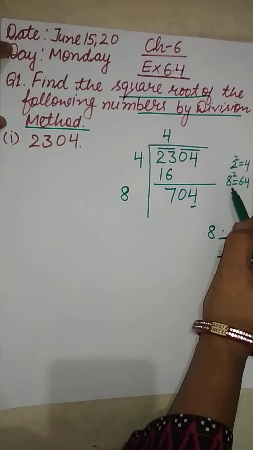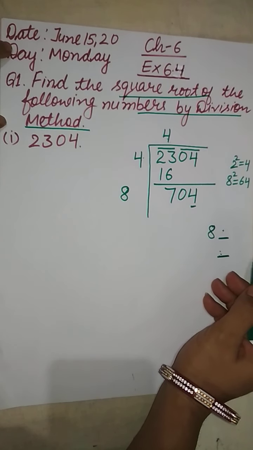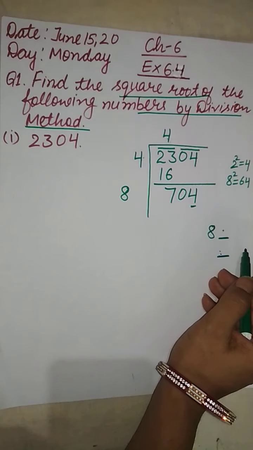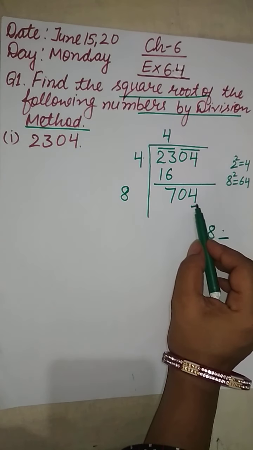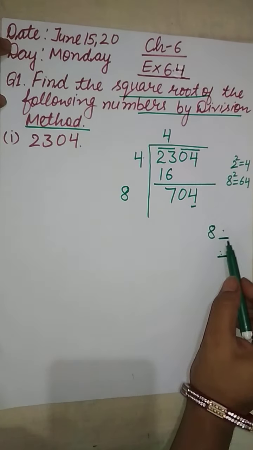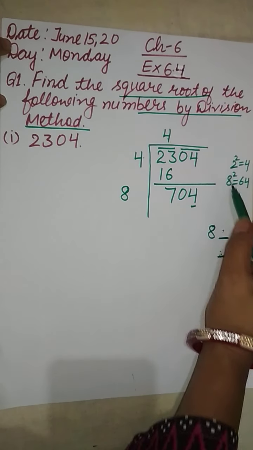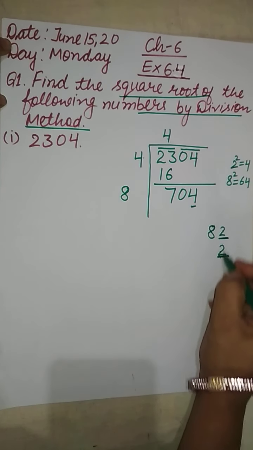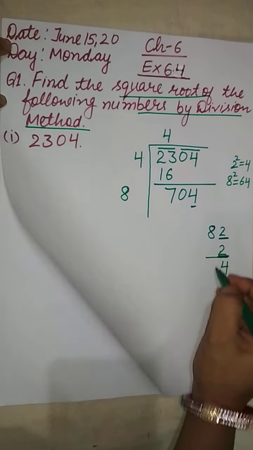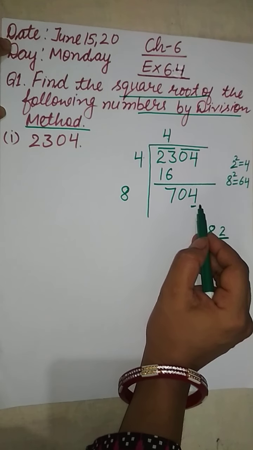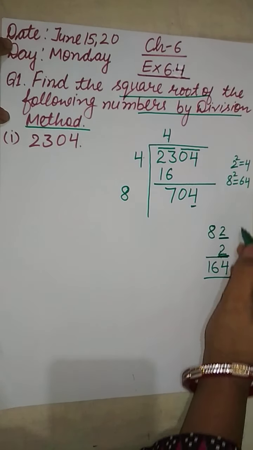Other than this 2 and 8, if I take 3 or 4, then we know that the unit digit for 3 is 9, for 4 it is 6. So we need not find numbers whose unit digit is not 4. So we have only two options here: either I can write 2 here or I can write 8 here. Now if I put 2 here, 2 twos are 4, 8 twos are 16, it is 164, but I need here 704, so I'll see for 8.